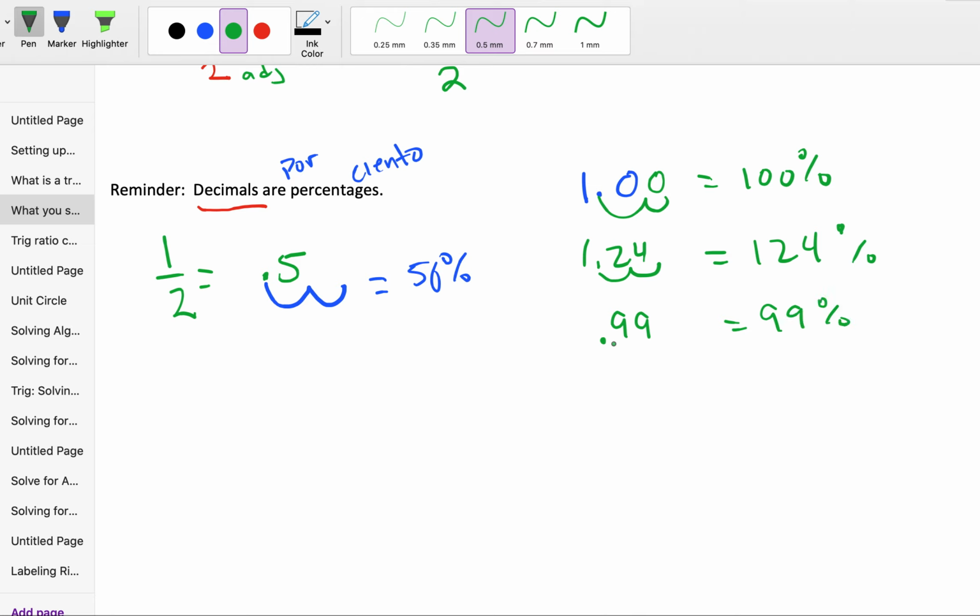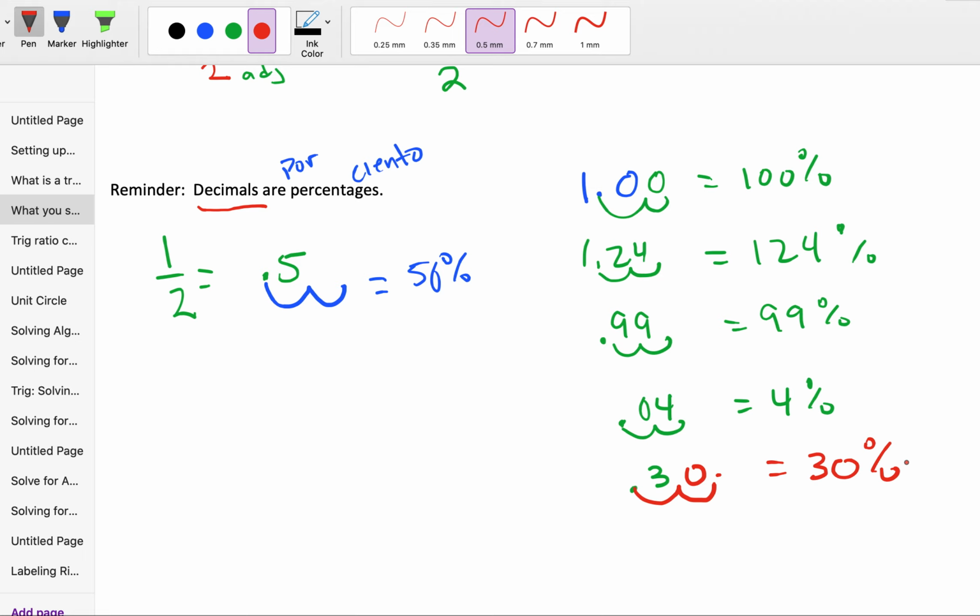You move the decimal spot twice. 0.04, we move it twice, would be 4%. Don't be fooled when there's a 0.3, let's say. Even though there's no 0 there, it's really 30. When we add the two decimal places, we add that 0. So 30%.